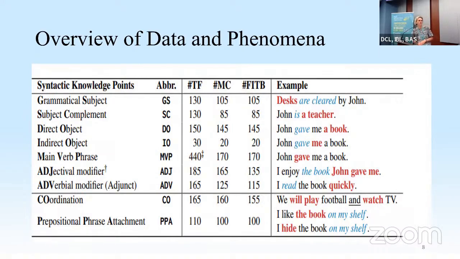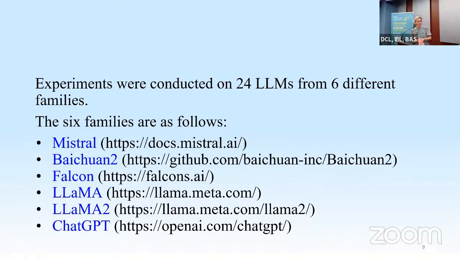And you have the numbers and also some examples of this. Okay, so the experiments were conducted on many models, from six families. Here we can see Mistral, Baichuan 1 and 2, Falcon, Llama and Llama 2, and ChatGPT, which is good because we can see how they behave.